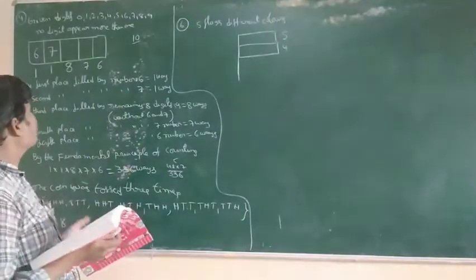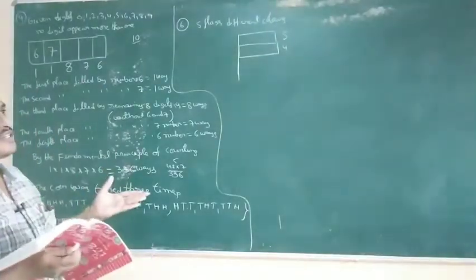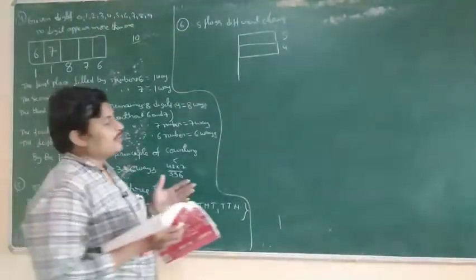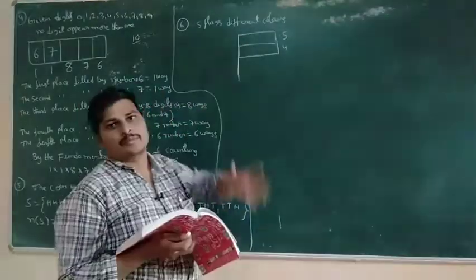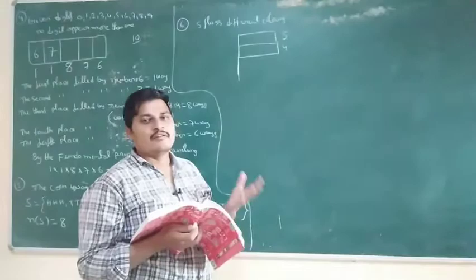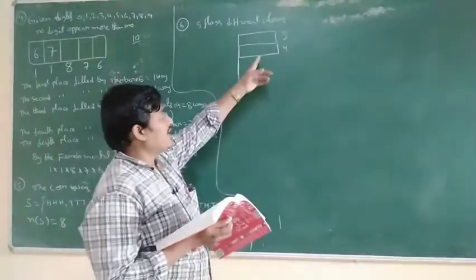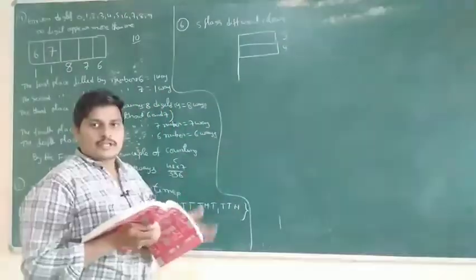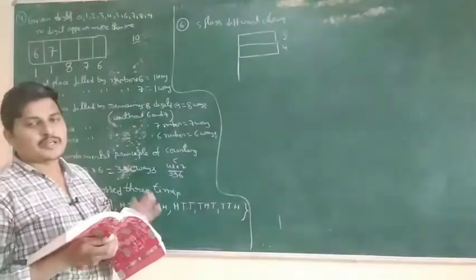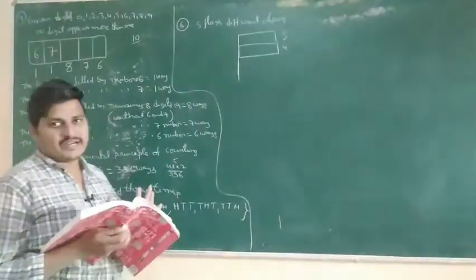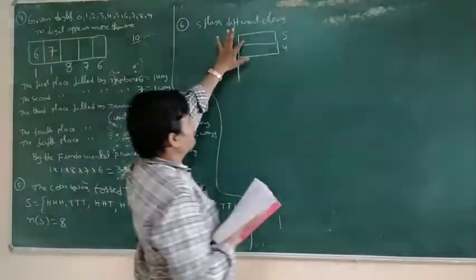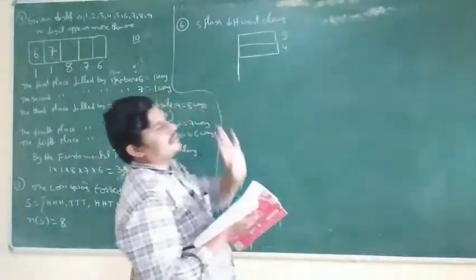Different colors means repetition is not allowed. So the upper flag is filled by 5 colors, and the next flag is filled by the remaining 4 colors, because repetition is not allowed and different flags are required. So 5 into 4 equals 20.